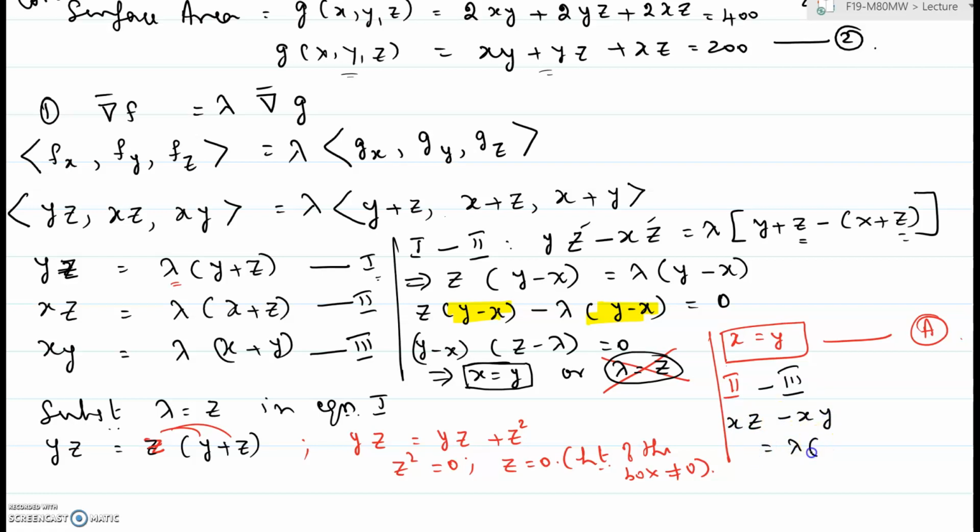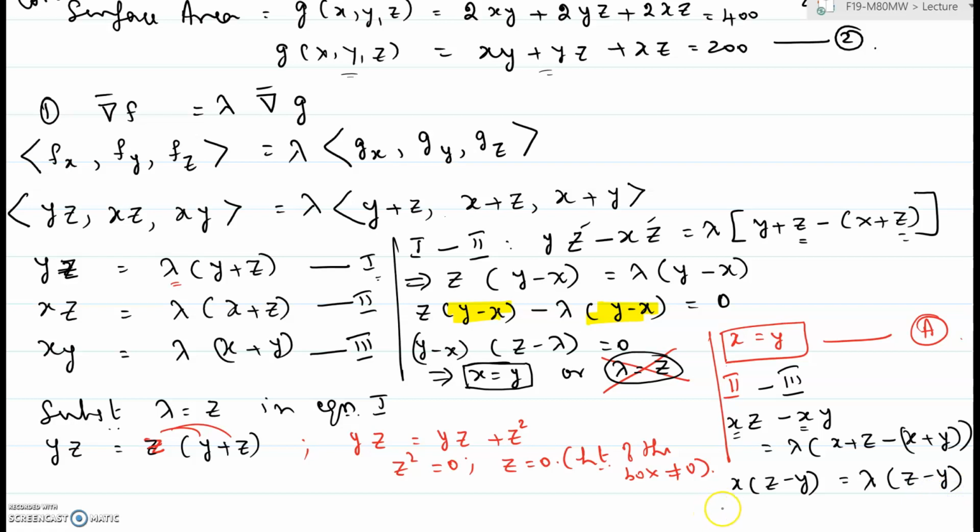Right hand side will be lambda times x plus z minus lambda times x plus y. So if you common factor the x out, x times z minus y equal to lambda times, here x will get cancelled out, it is again z minus y.